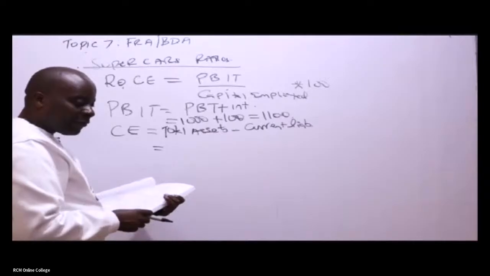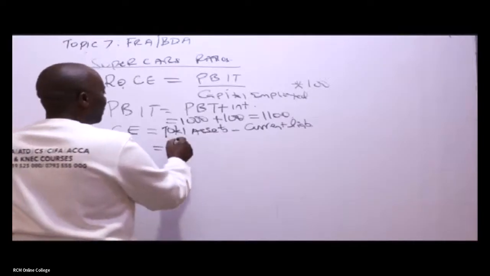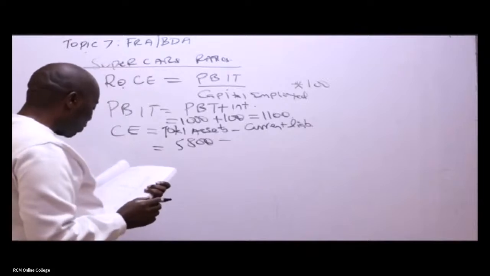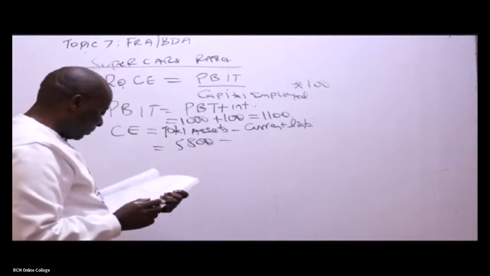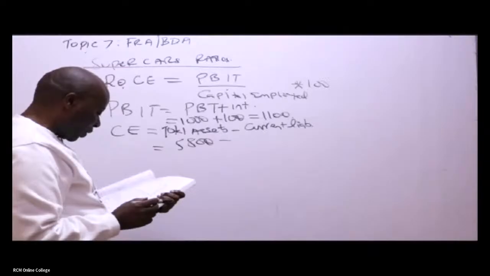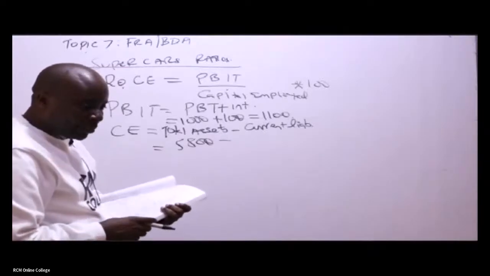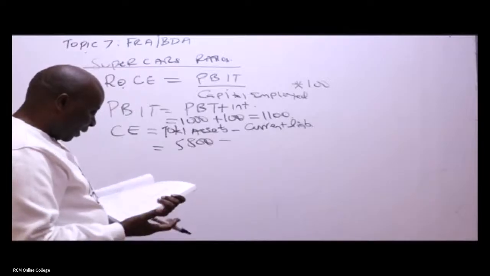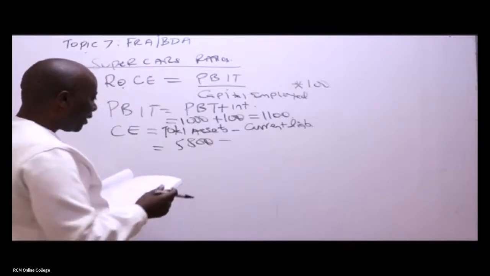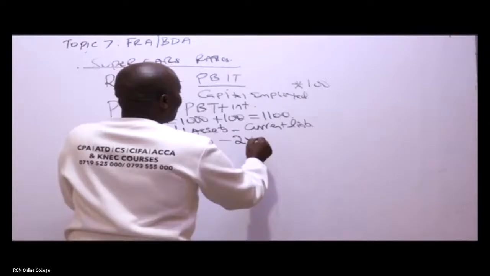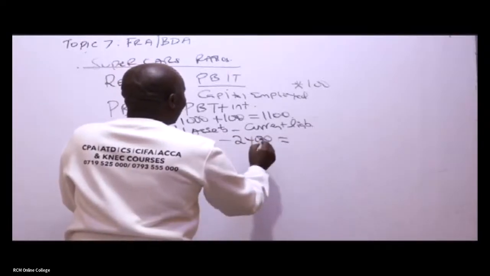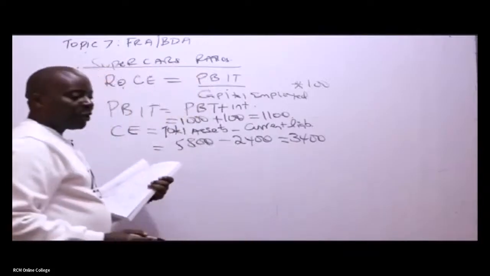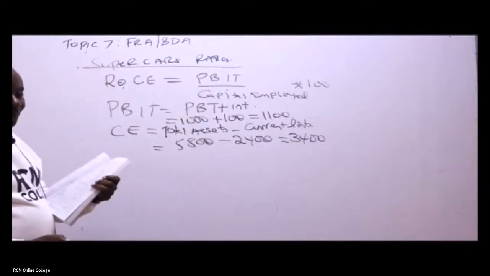The total assets are 5,800. How about the liability section? Are you able to pick the current liabilities? These are about 2,400, because we have trade payables, current tax, bank overdraft. So when you subtract, what they're giving me is 3,400, isn't it?